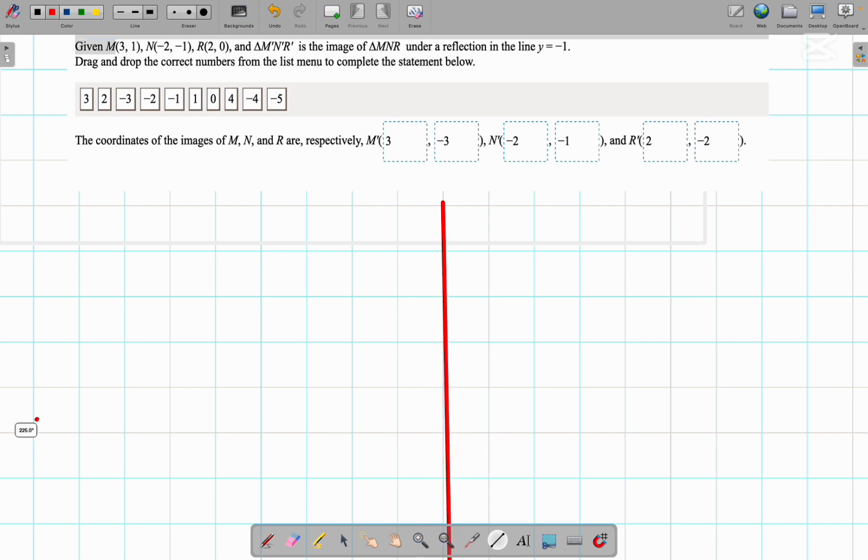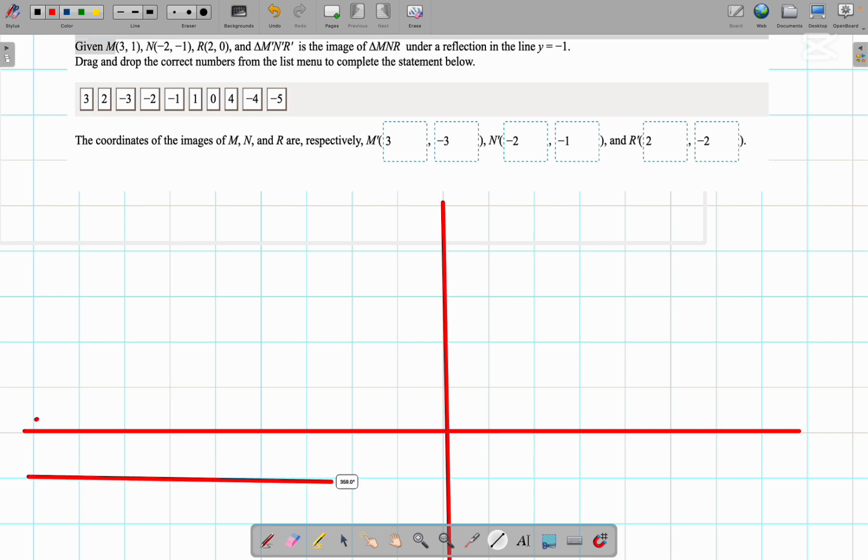Okay, then here is the y-axis, then here is the axis of reflection. Okay, so let me draw the points in a different color, in blue let's say. M is 3, 1.